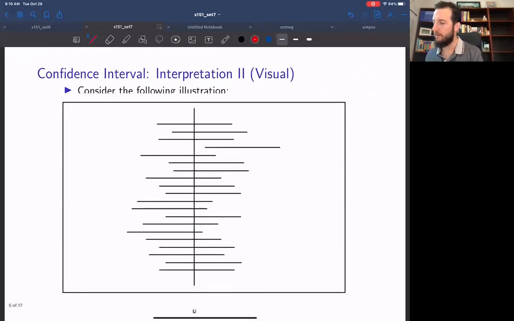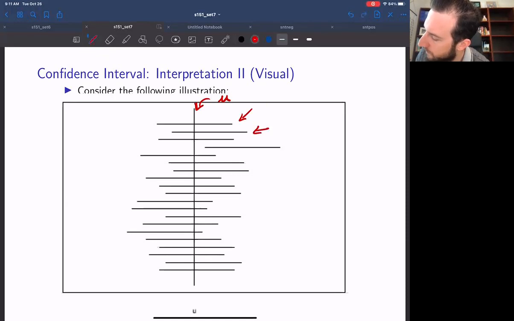Okay, so to better illustrate that point, I have a visualization here. So this bar here down the middle is going to be mu. Okay, so this vertical bar, this is the population mean. Each one of these here is a confidence interval.